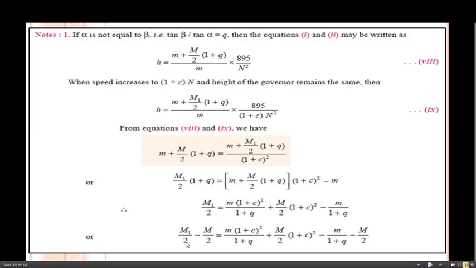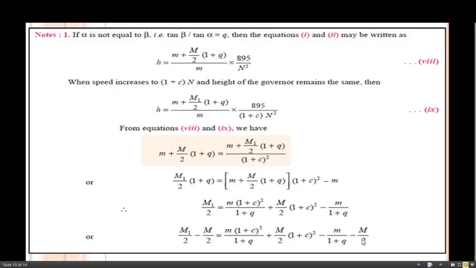Sorry, m1 by 2 minus m by 2 equals this term, m (1 plus c) whole bracket square divided by 1 plus q, plus this term will remain as it is, m by 2 into (1 plus c) whole bracket square, minus m by 1 plus q, minus m by 2.